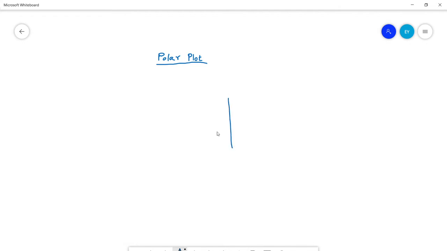All right, consider a plot with an x-axis and a y-axis. When you say the plot is Cartesian, the point is represented in Cartesian coordinates. Suppose you have a point somewhere here.